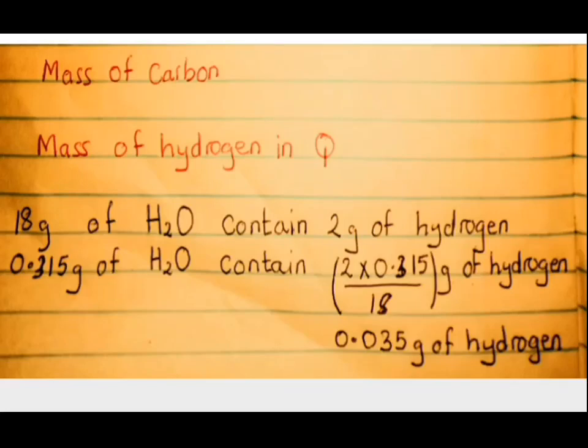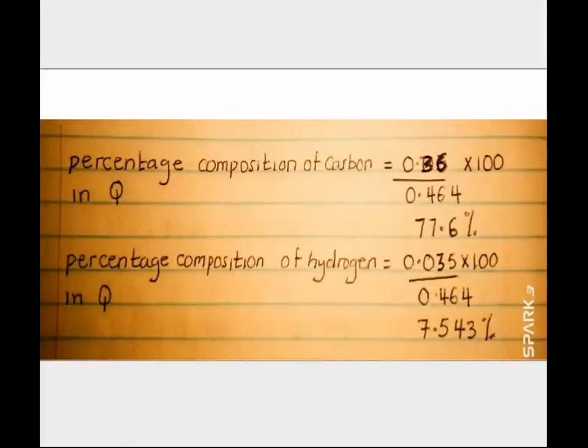So 18 grams of water contain 2 grams of hydrogen. So how about the 0.315 grams of water, how many grams of hydrogen does it contain? You see here, after computing we get 0.035 grams of hydrogen.